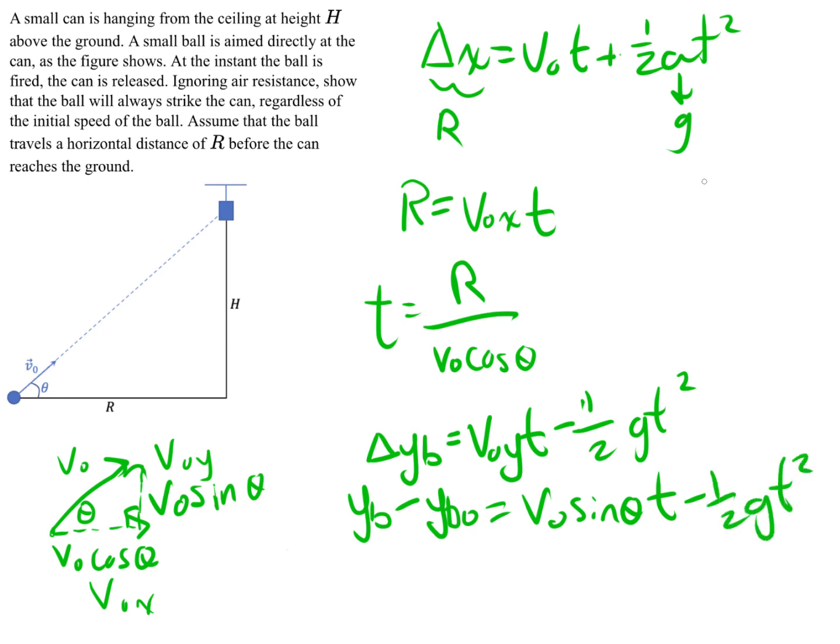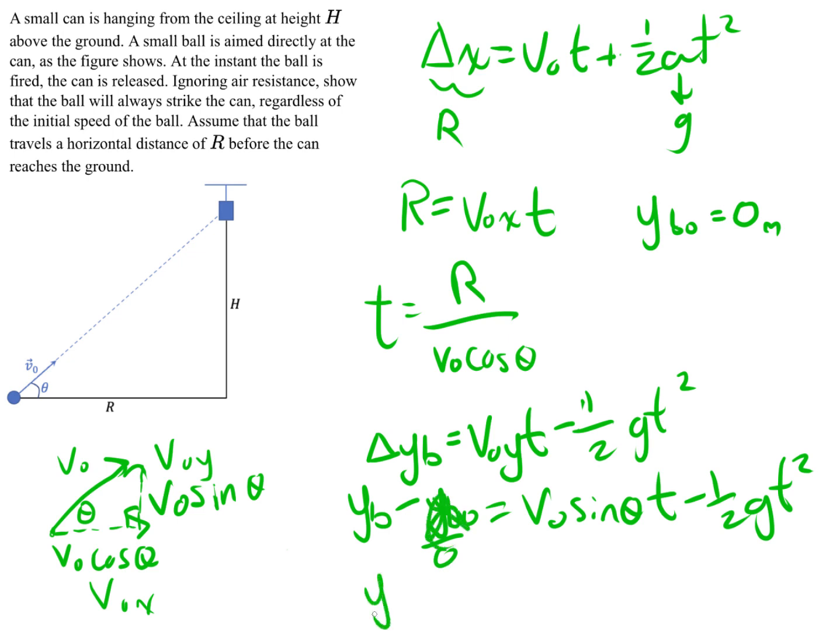Now, the initial y position of the ball is 0 meters above the ground, because in our reference system, the origin is where the ball starts. So when the ball starts, its x position is 0 and its y position is also 0. So this part is 0 and can be omitted.